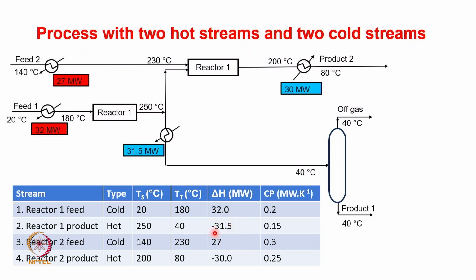By the convention delta H is negative here and Cp is 0.15, which we can multiply with the temperature change to get the corresponding delta H. And reactor 2 feed, it enters here at 140, and it's heated by heat utility and becomes 230 before entering into the reactor, and the Cp value is 0.3, which is then multiplied by the temperature change to give you the delta H. And similarly for the reactor 2 product, which is cooling down from 200 to 80 degree C, giving you a negative delta H as per the normal notations and conventions.